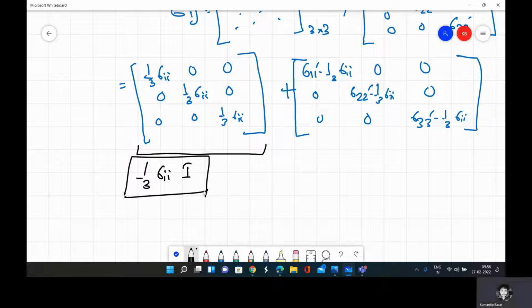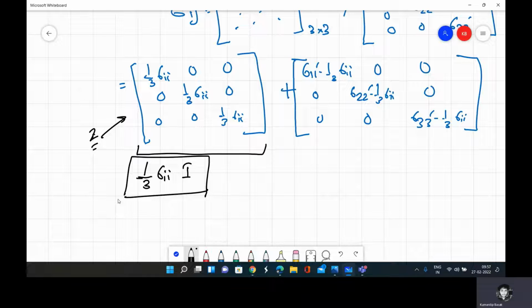Fine. Therefore, what can you tell about this matrix particularly? The first part, we can say, is an isotropic matrix. Why isotropic? This is rotationally invariant, as this is an identity matrix itself. You can rotate it in different directions, and the matrix will remain the same, with the scalar value 1 by 3 sigma ii and identity.